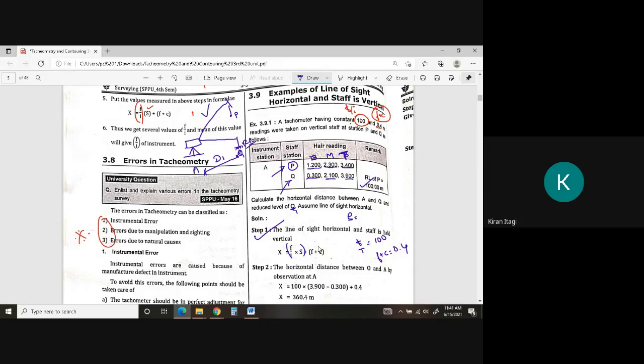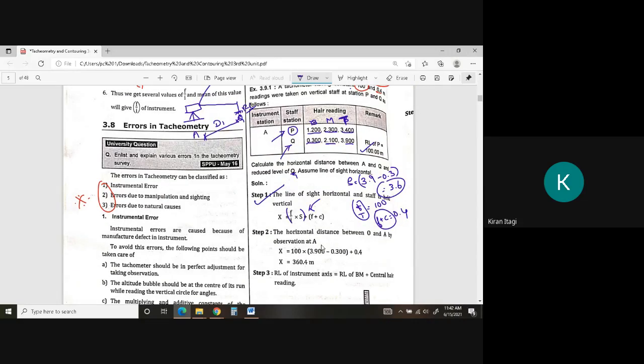So what do you do? Top minus bottom: S equals 3.9 minus 0.3, which gives 3.6. So you have the value of S, the value of F upon I, and the value of F plus C. Directly substitute here.